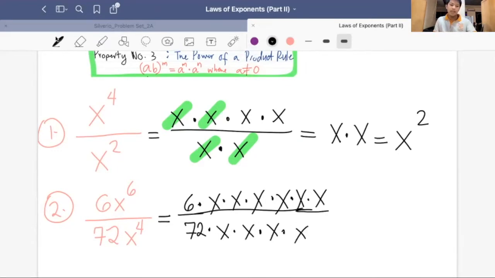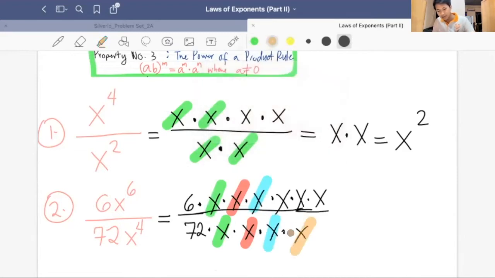So we can use our cancellation. We have x here, another x, and then let's change the color, we have another x, and this one. And we're just going to copy. How about 6 over 72? Can we cancel 6? What is the GCF of 6 and 72?